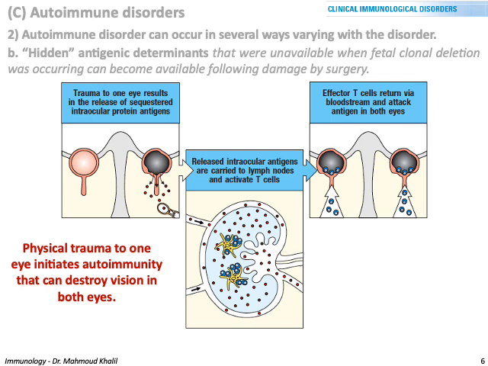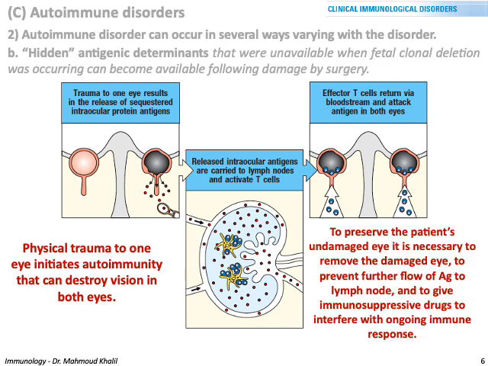So once there is a surgery or a trauma to the eye, this releases the antigen to the bloodstream and it gets recognized. So to preserve the patient's other undamaged eye, it is necessary to remove the damaged eye to prevent further flow of the antigen to the lymph node and to give immunosuppressive agents or drugs to interfere with the ongoing immune response to save the other eye from destruction.